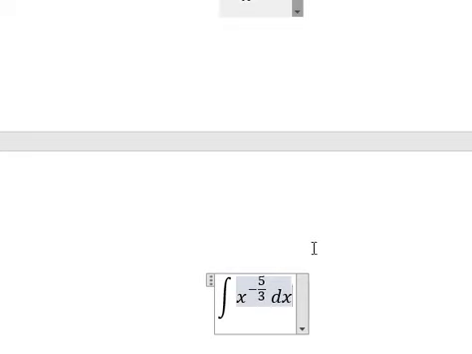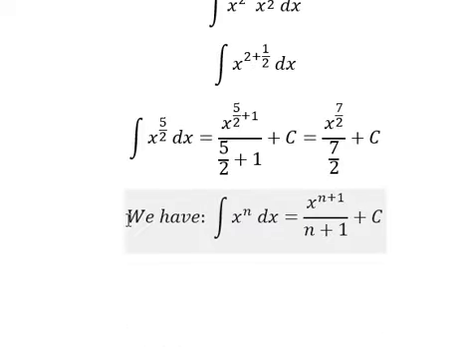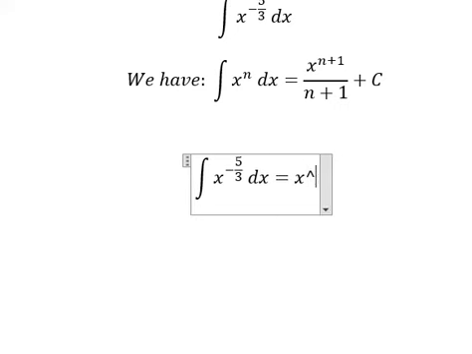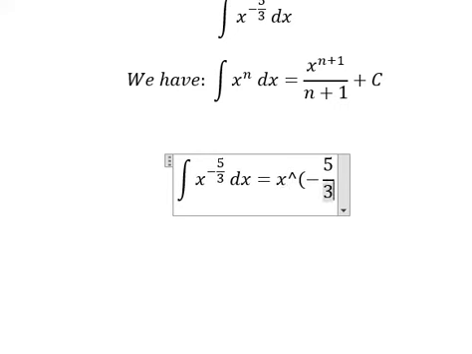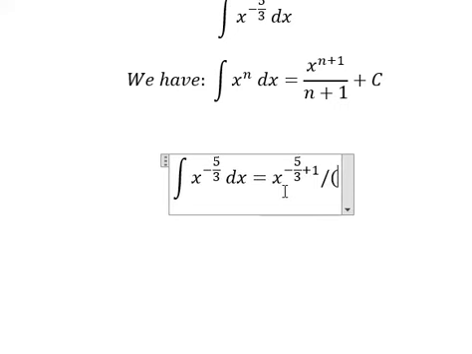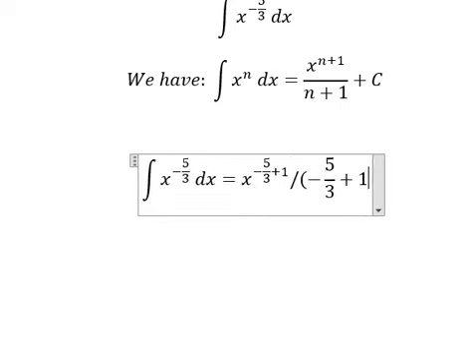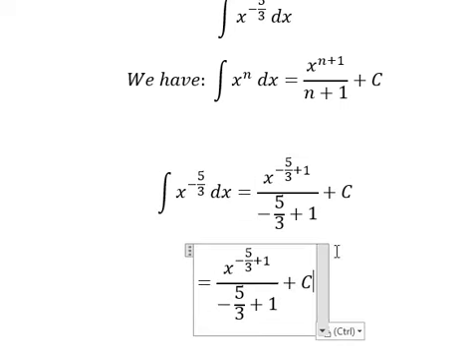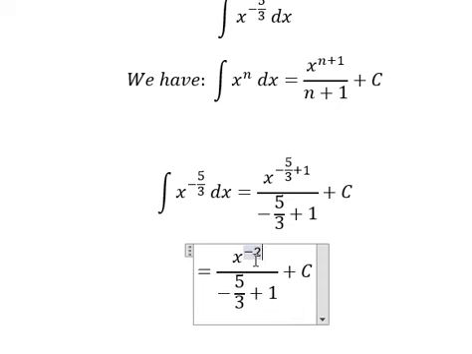So for this one we can apply the formula in here. So we have the final answer. So this one we simplify and we have negative number 2 over 3.